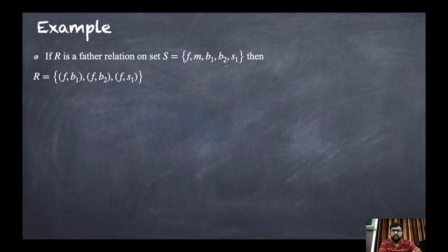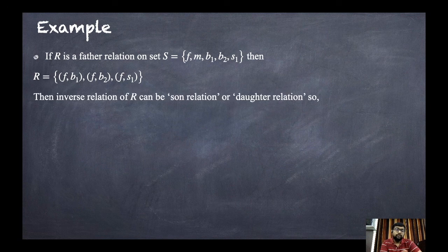B1 and B2 are two boys or brothers, and S1 is a sister. So F is the father of B1, comma, F is the father of B2, and F is the father of S1. So in R there will be only 3 elements, but in S cross S there will be 25 elements. So by the definition of relation, R is a subset of S cross S.